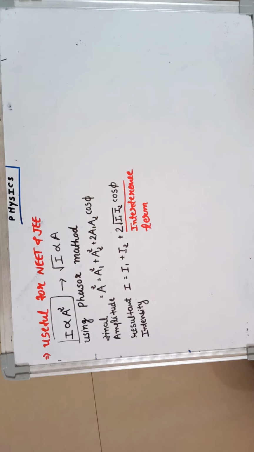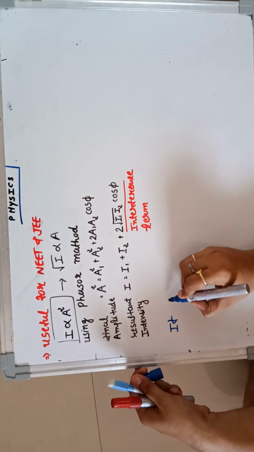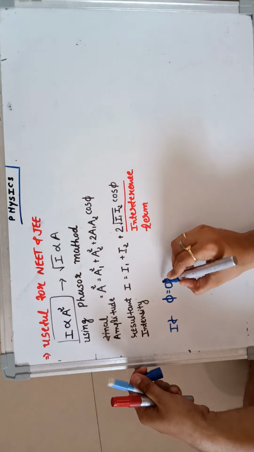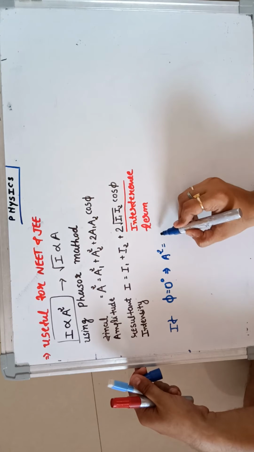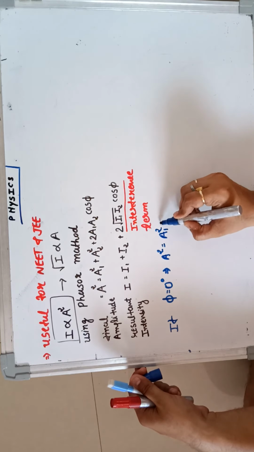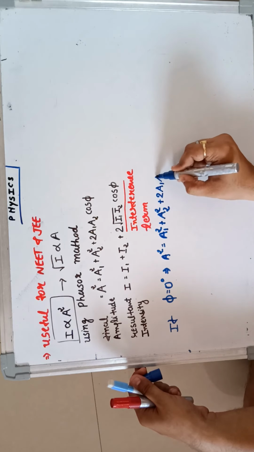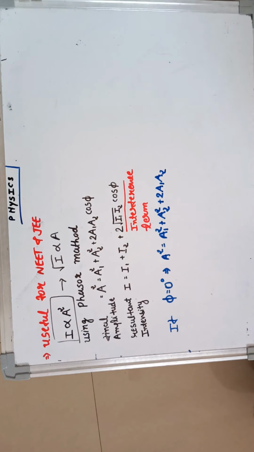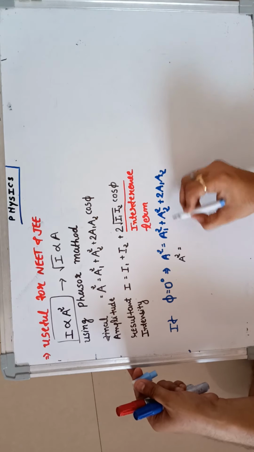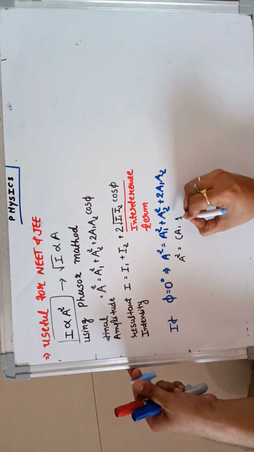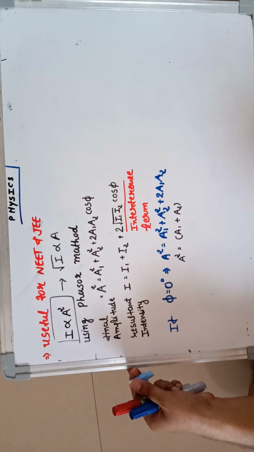So using this equation, if phi is equal to 0, then A square is equal to A1 square plus A2 square plus 2 A1 A2. According to this, we can write A square is equal to A1 plus A2 whole square. This is the algebraic solution.